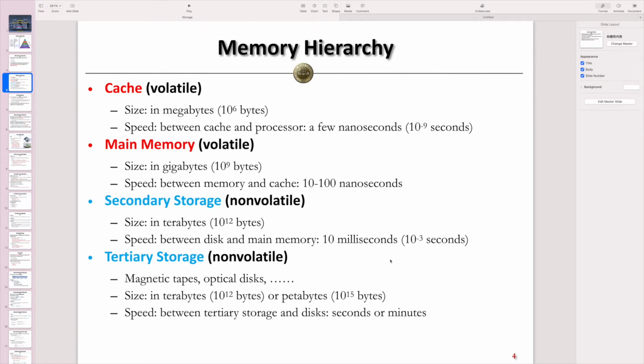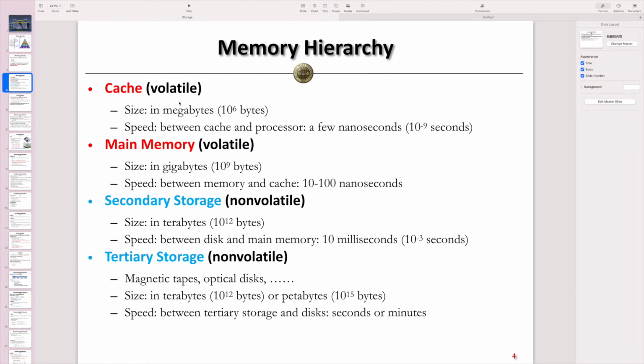We have mentioned already, for the memory types, besides the registers, the main memory storage devices we may need to consider will be the cache, the main memory, the secondary storage, as well as tertiary storage space. Among these four different categories of memory space and devices, they can be divided into two categories depending on if the data in them are volatile or non-volatile.